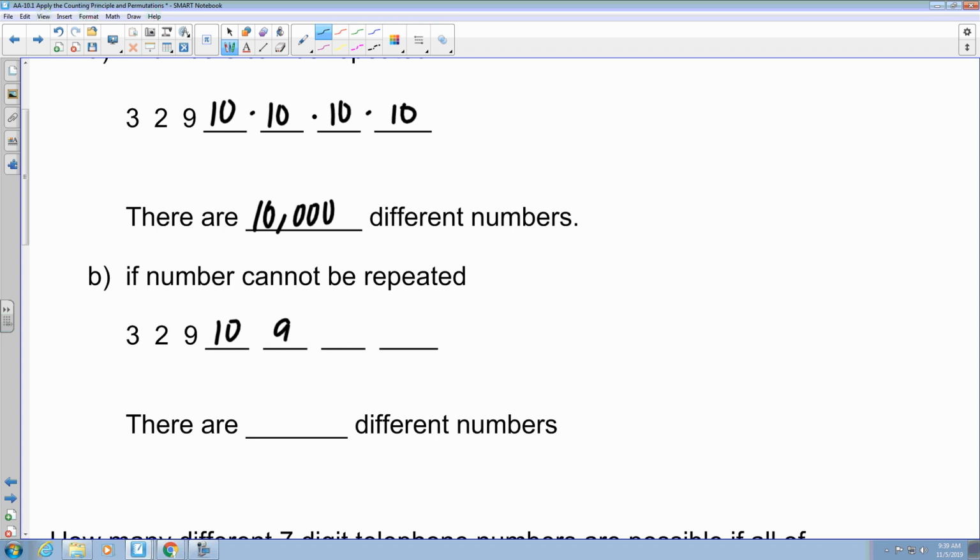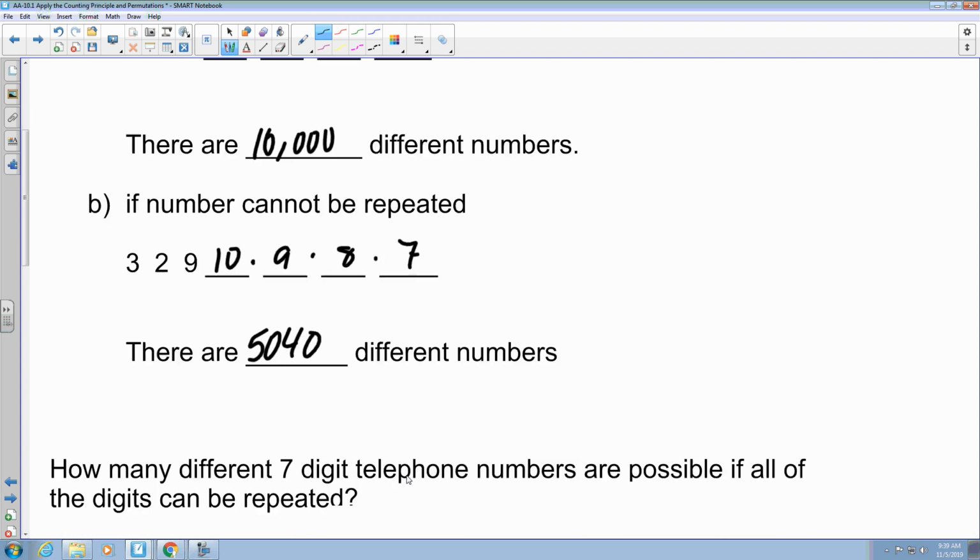So now you only have 9 choices for the second one, then 8 choices for the third and 7 for the fourth, and then you multiply those 4 numbers together, so it's 10 times 9 times 8 times 7, which gets you a result of 5,040 different numbers.